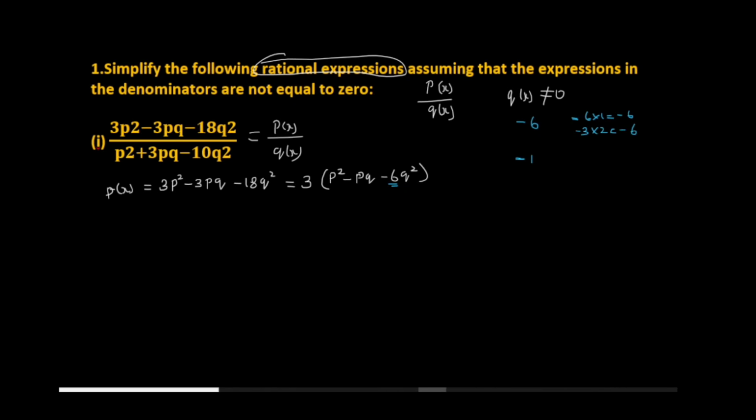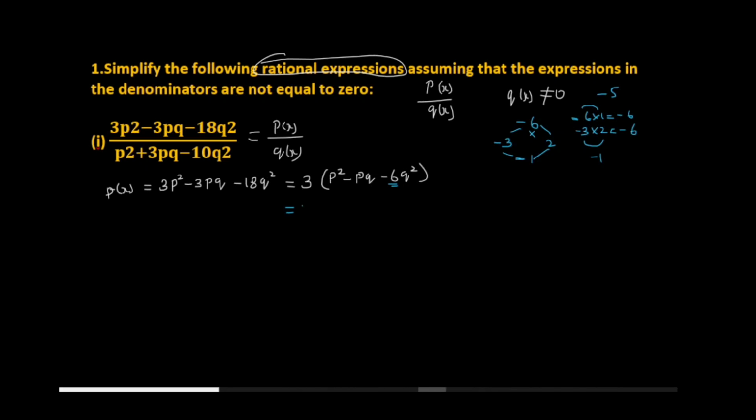Two factor pairs. Here for minus 6 and plus 1 the sum is minus 5, and for minus 3 and plus 2 the sum is minus 1. So the proper integers are minus 3 and plus 2. When we multiply these two, we get minus 6. When we add these two, we get minus 1.